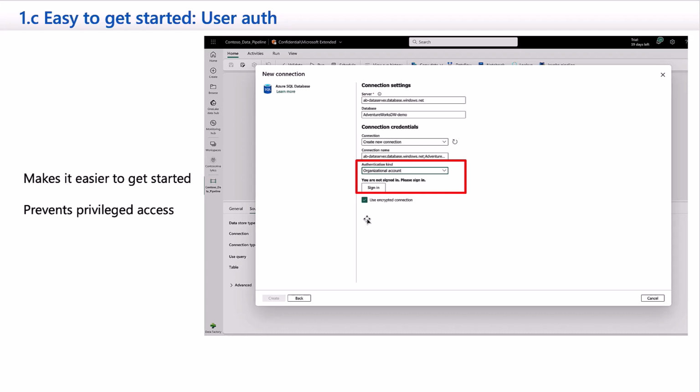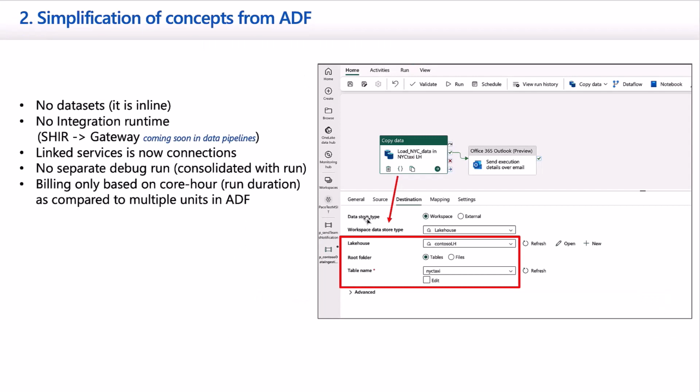Service principal is something which we've already added in the platform in Microsoft Fabric. Managed identity will be coming soon, and now you have user auth as well, which makes getting started super easy. Now, there were a lot of concepts in ADF where we heard from customers that people need time to get started with, and it takes time for learning.